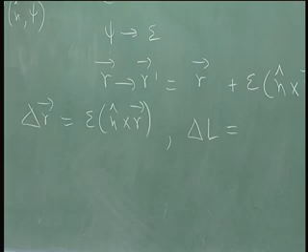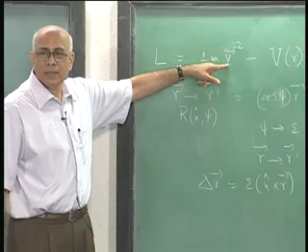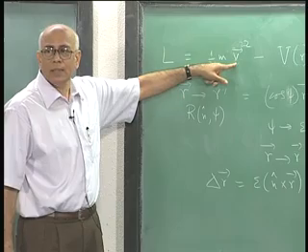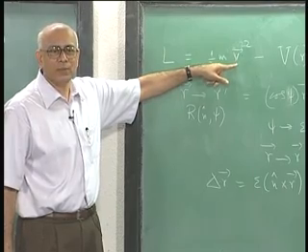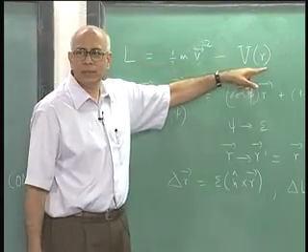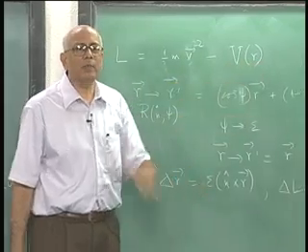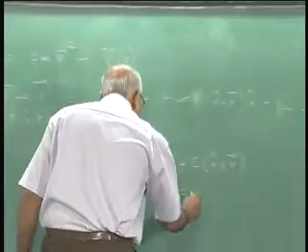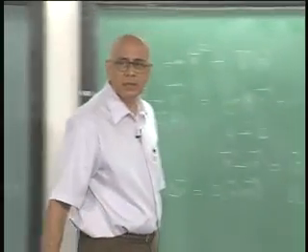Does this change at all? It is a scalar, so this does not change at all. Does that change? It does not, because mod r prime is equal to mod r, so that does not change. So delta L in this case is also 0, quite trivially 0.